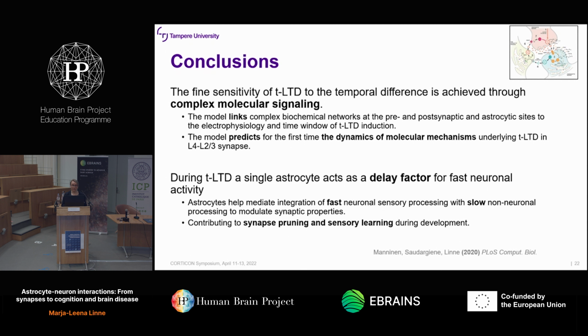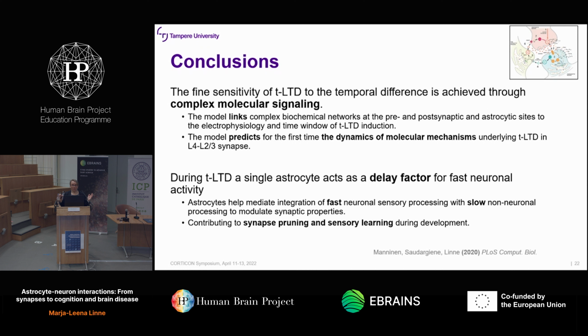I've been looking at the other synapses, like in other cortical areas and hippocampus, and there are similar things going on, but these different synapses use somewhat different mechanisms and neuromodulators to do this, but similar things are also ongoing in other synapses.